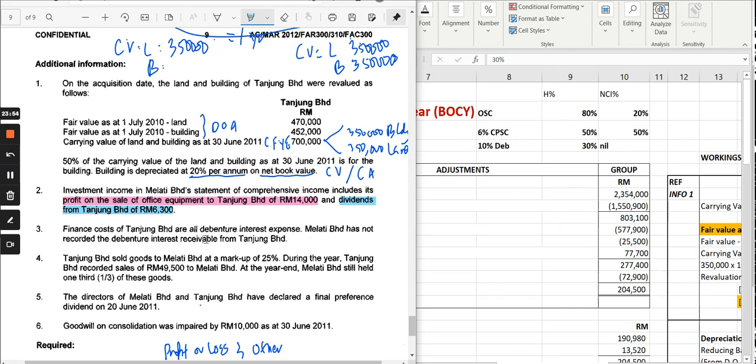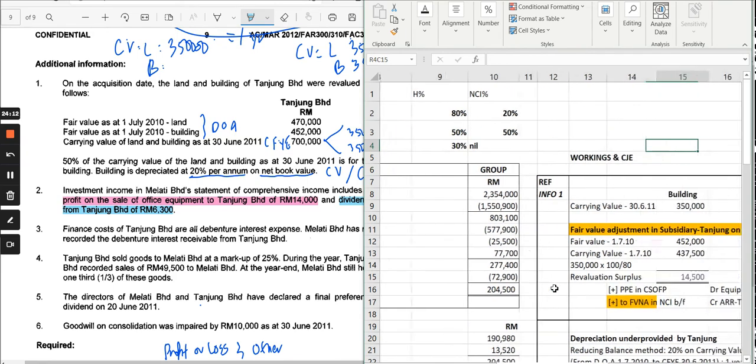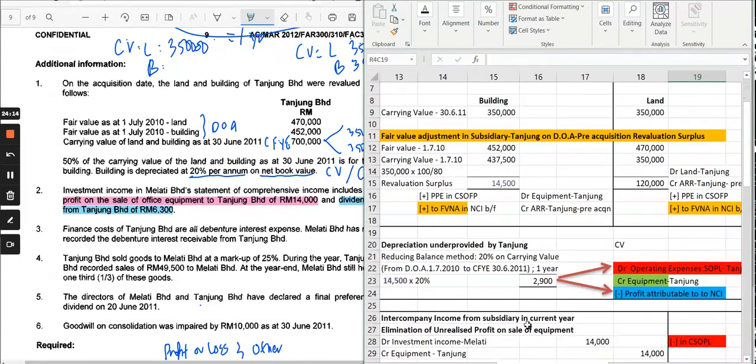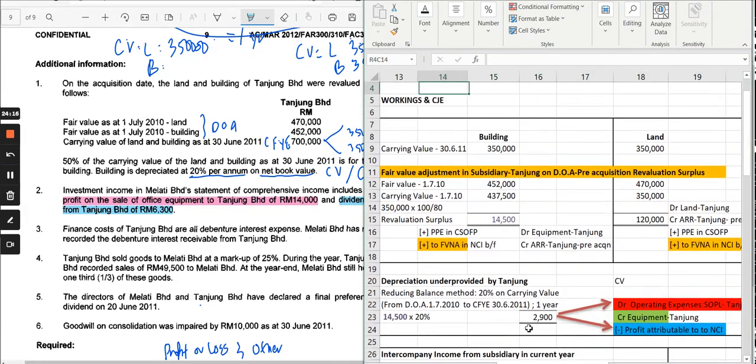And for your information, that should be done by Melati in its individual or standalone statement of profit or loss. But for consolidation purpose, we will not report the debenture interest receivable from Tanjung. So if you look here, what I've already prepared, you can check here.